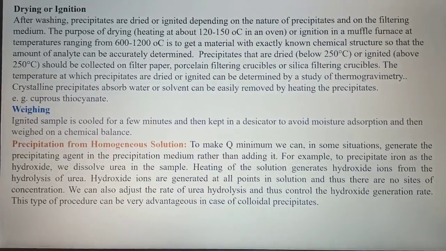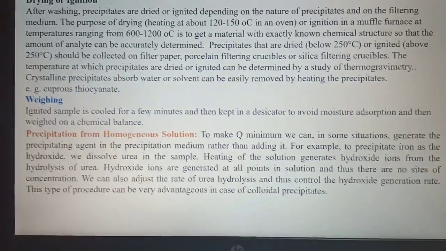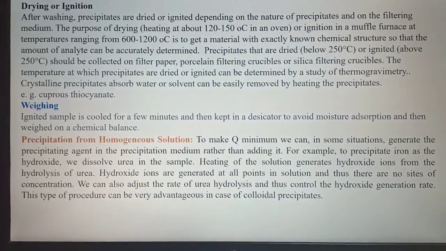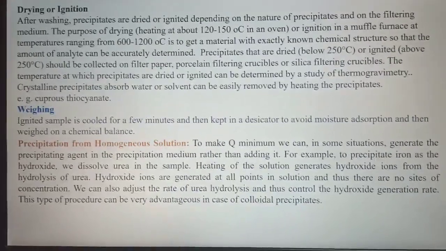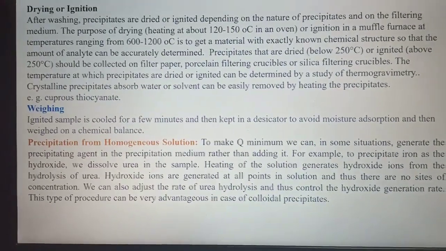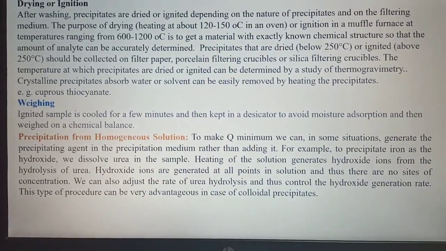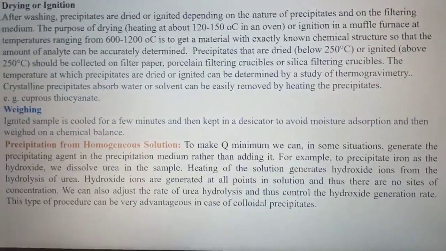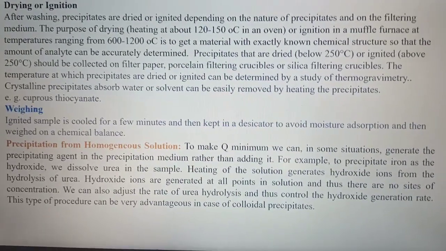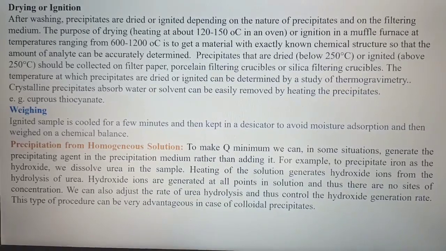This precipitation method involves a total of 6 different steps, which I have already shown: precipitation by adding a particular solute to it, then filtration, then drying, ignition, and finally weighing of the substance. All these can be achieved in a proper way by using the rules set by gravimetric estimation. Next time we will discuss all these things in detail.